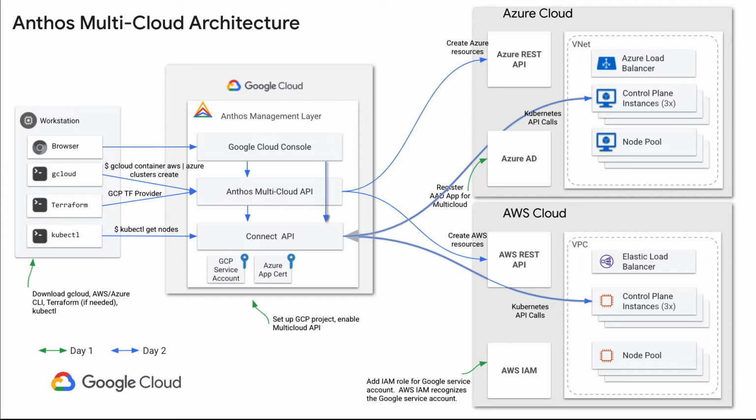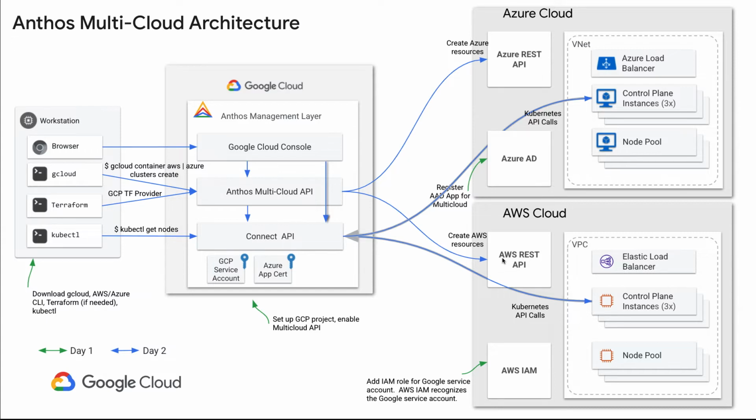For example, the multi-cloud cluster API is a standard Google Cloud REST API which provides cluster create, read, update, delete operations. Anthos clusters on AWS use the AWS API to provision resources needed by the cluster, including virtual machines, managed disks, auto-scaling groups, security groups, and load balancers.